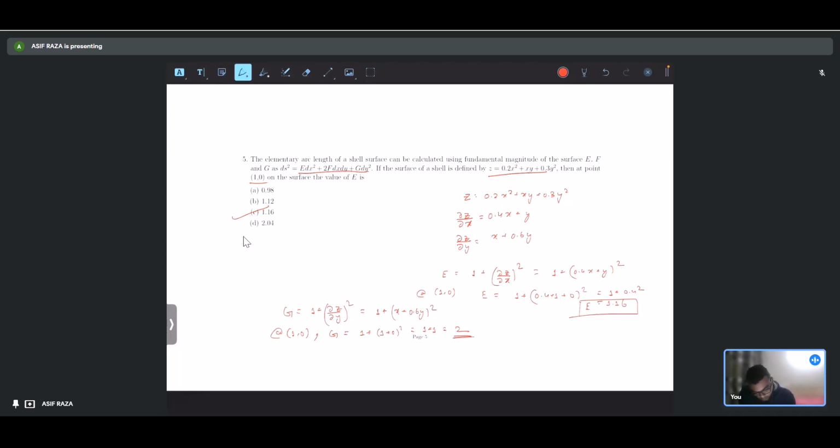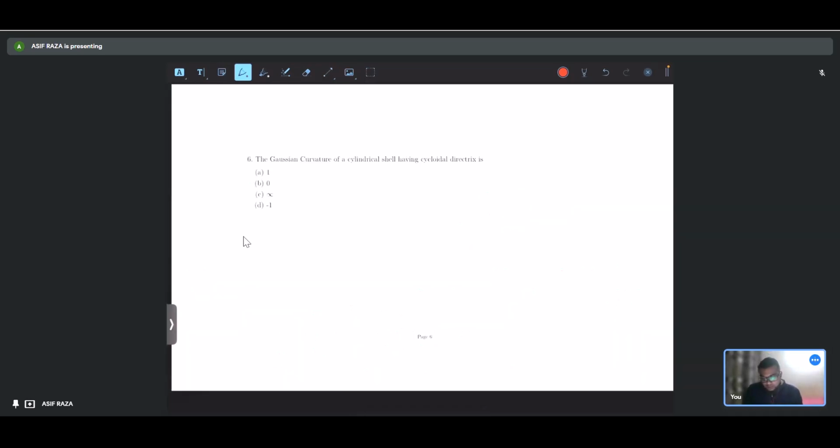And similarly, F is given by del z by del x times del z by del y, which is equal to (0.4 x plus y) times (x plus 0.6 y). At (1, 0), F is 0.4 times 1, which gives 0.4. Okay, now let's solve the next question.